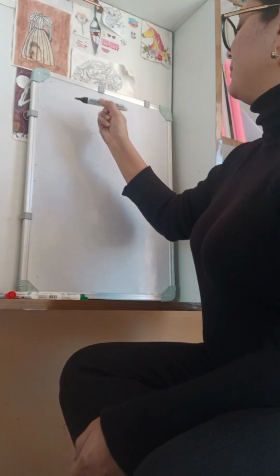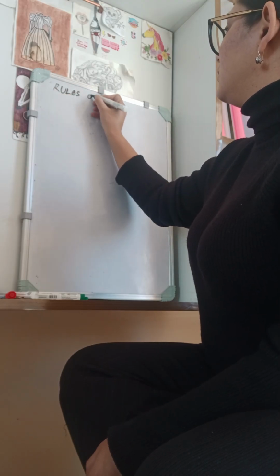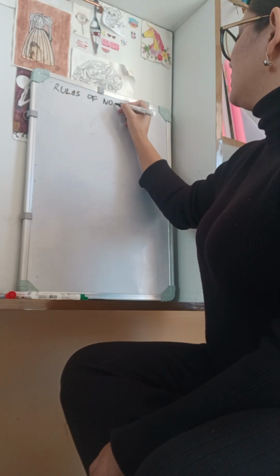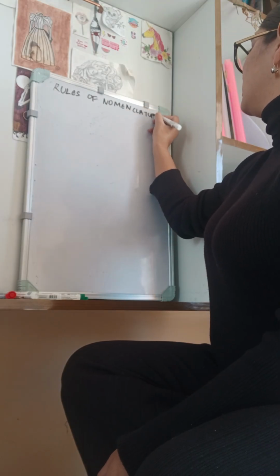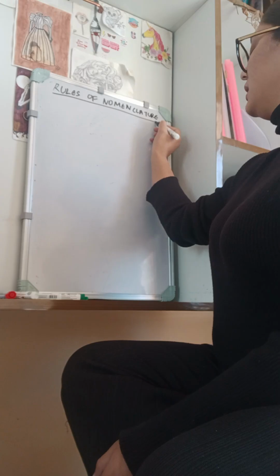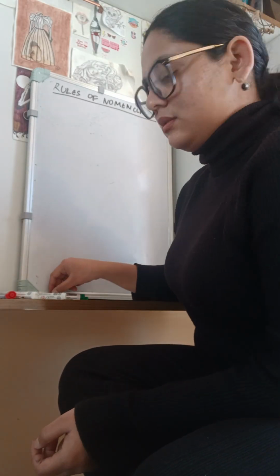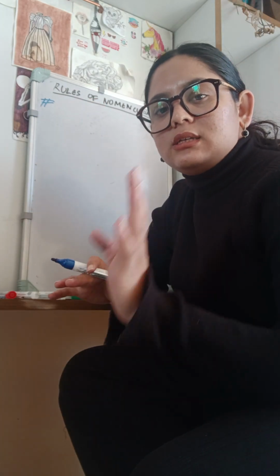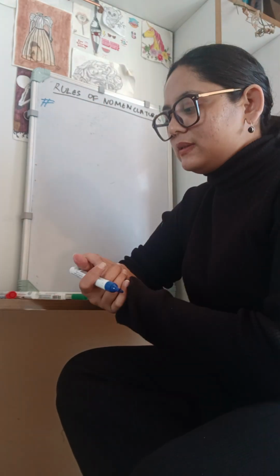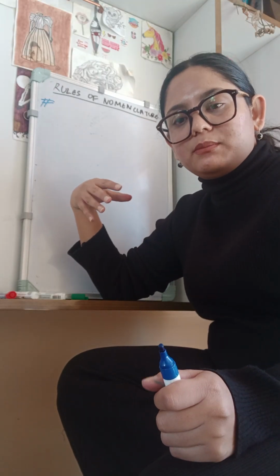Now we have rules of nomenclature. We'll do the rules according to examples. So rule number 1: whenever you see a compound, these rules will be followed to name the compound.